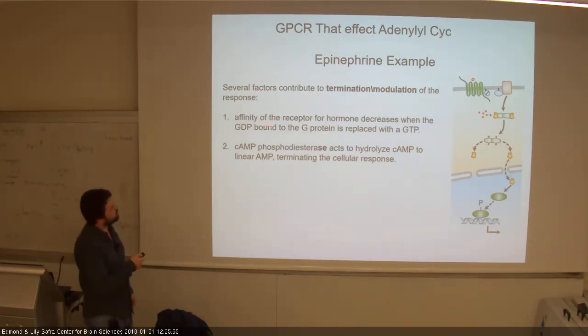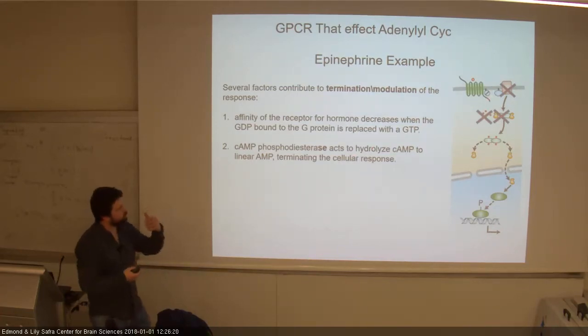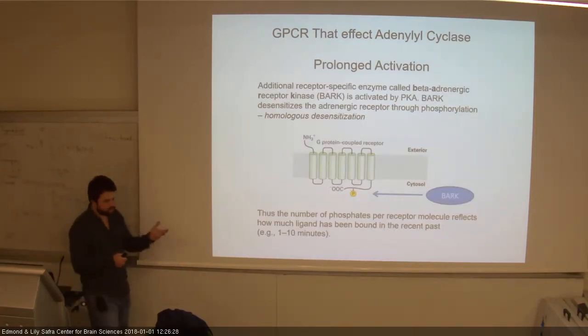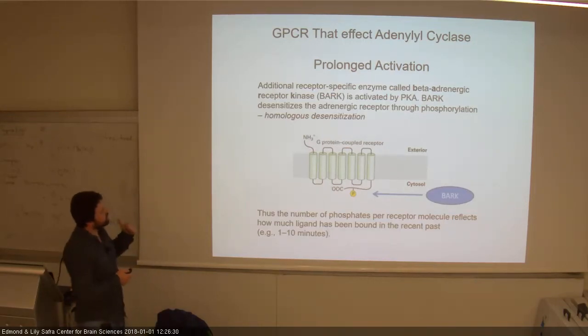The modulation of this response, like I showed you, can either be that the affinity of the receptor to the hormone decreases after activation, or the cyclic AMP phosphodiesterase, which is the adenylate cyclase, can be removed or diminished from the cellular membrane.